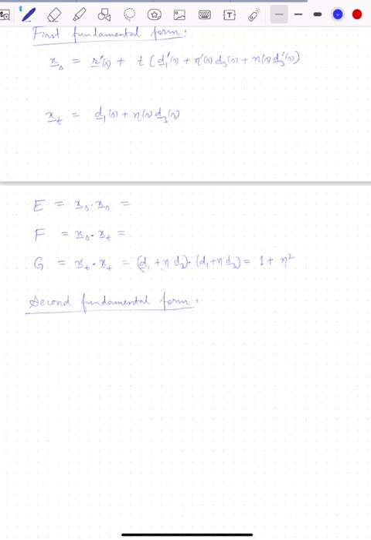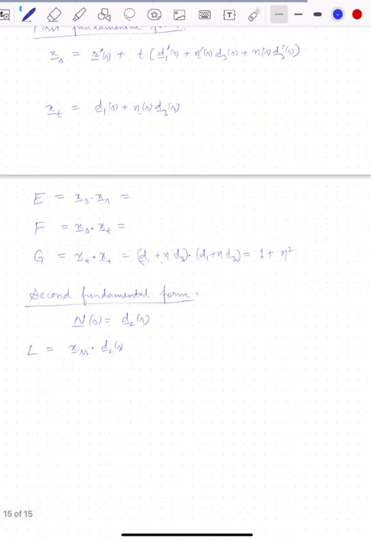So all that we need to do is we can have L is equal to minus xss dot n vector of S. Here n vector of S is nothing but just d2 vector of S, right? So therefore, L is equal to minus x vector S dot d2 vector of S, which can also be written as minus x vector S dot d2 prime of S.